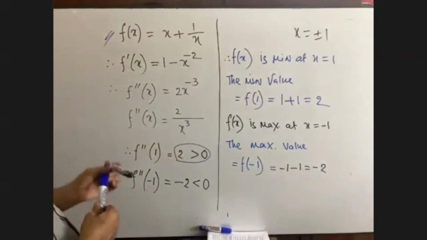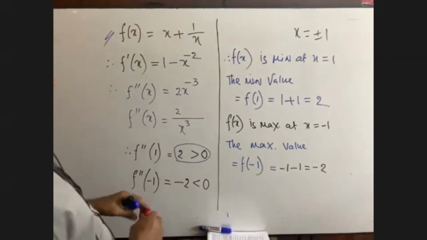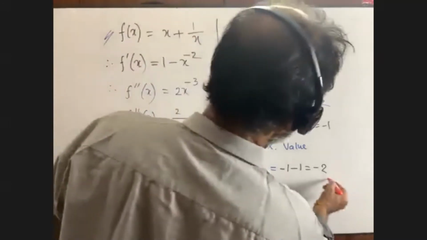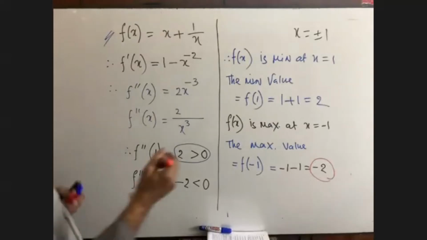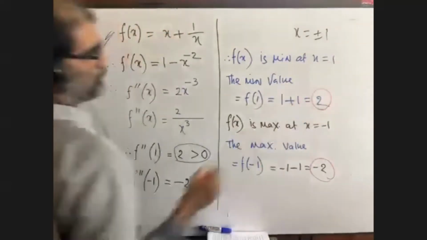So we are getting the maximum value here as minus 2, and the minimum value is 2.